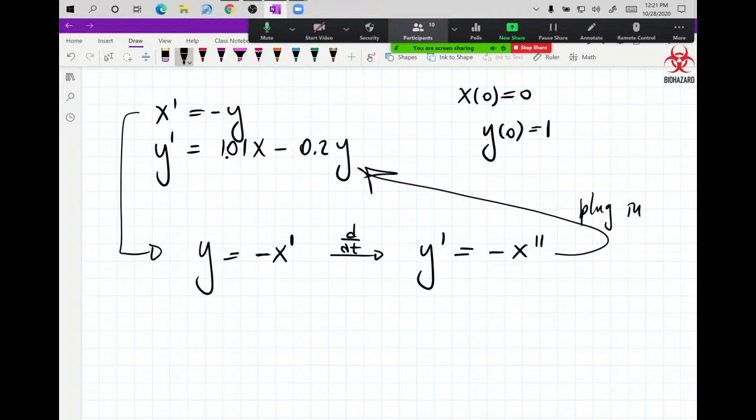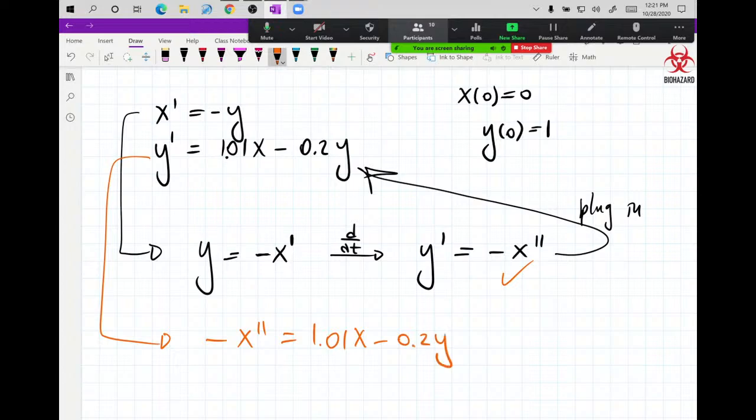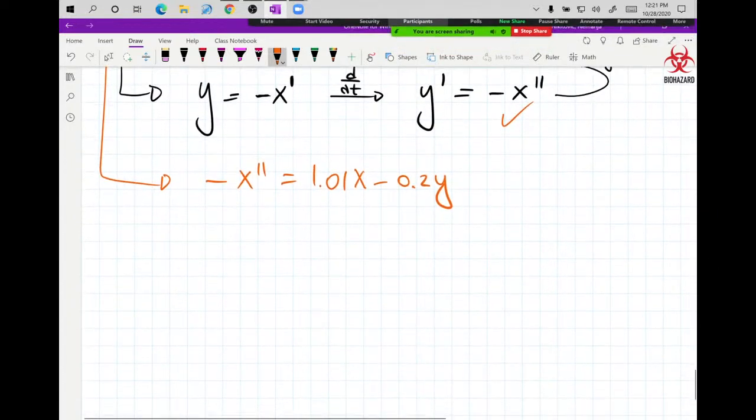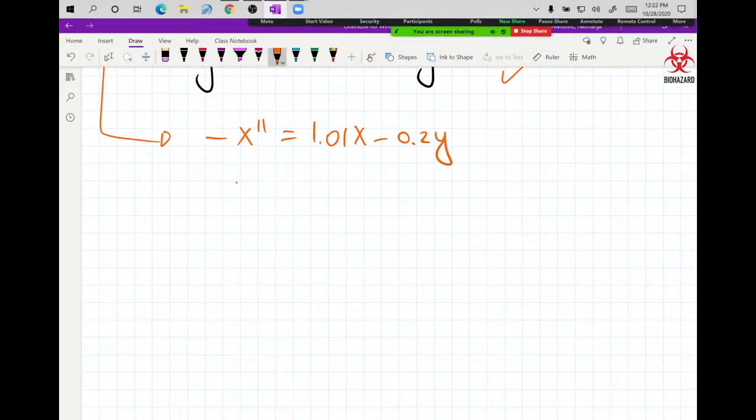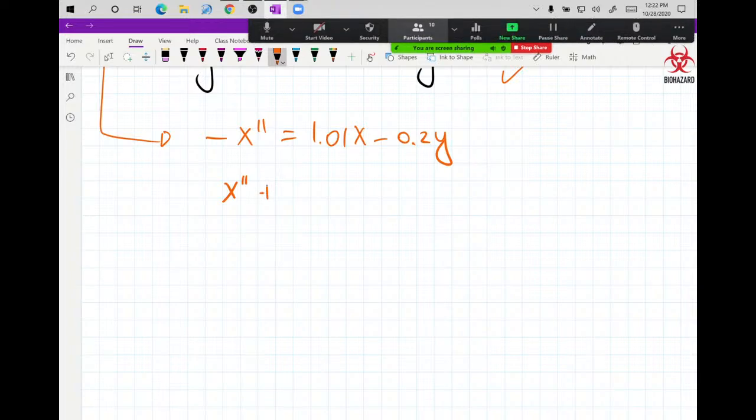Now you create the second order equation, because now the second equation, using this, is negative x double prime equals 1.01x minus 0.2y, and move x double prime to the other side. You have x double prime plus 1.01x minus 0.2y equal to 0.